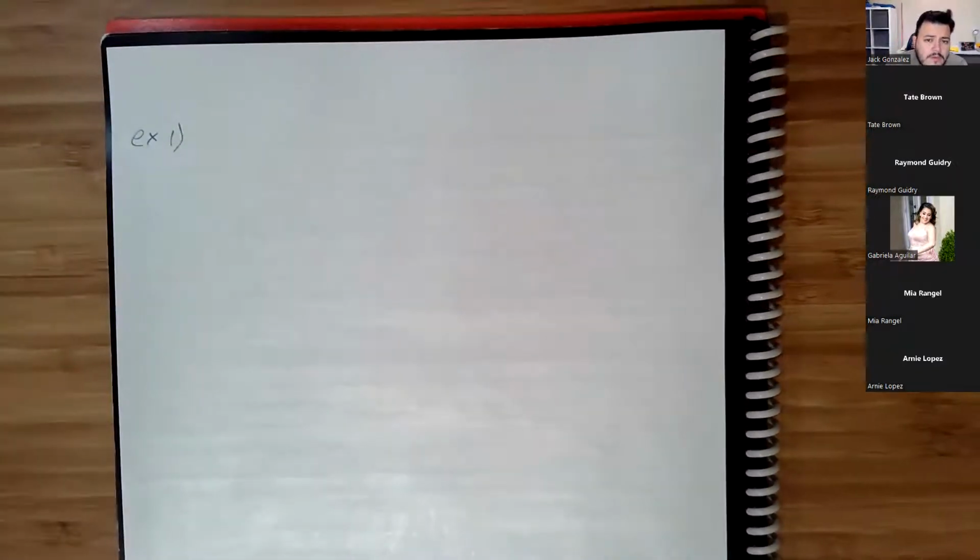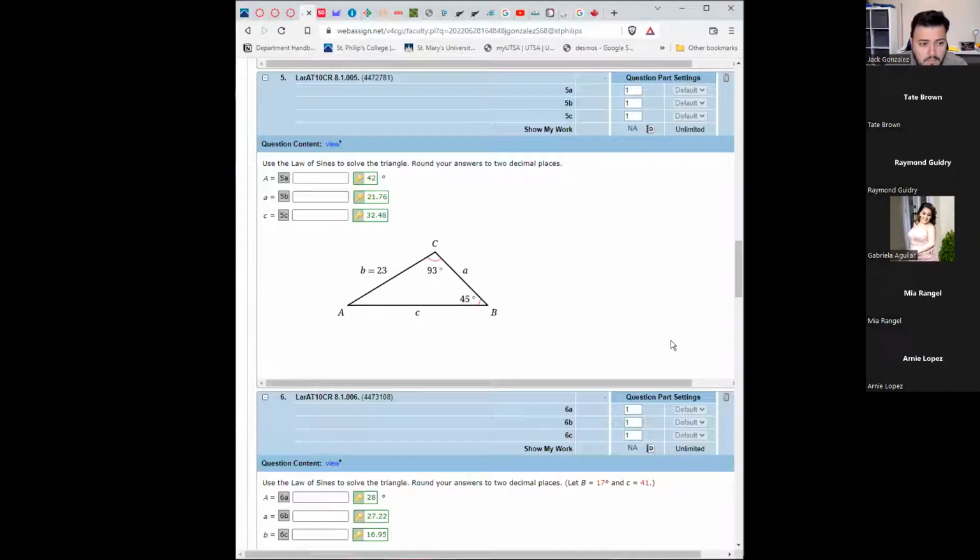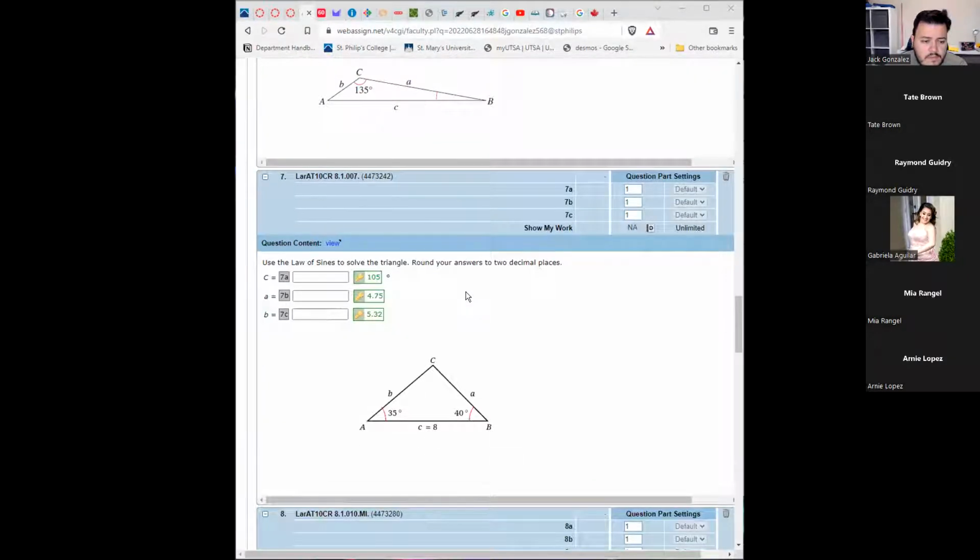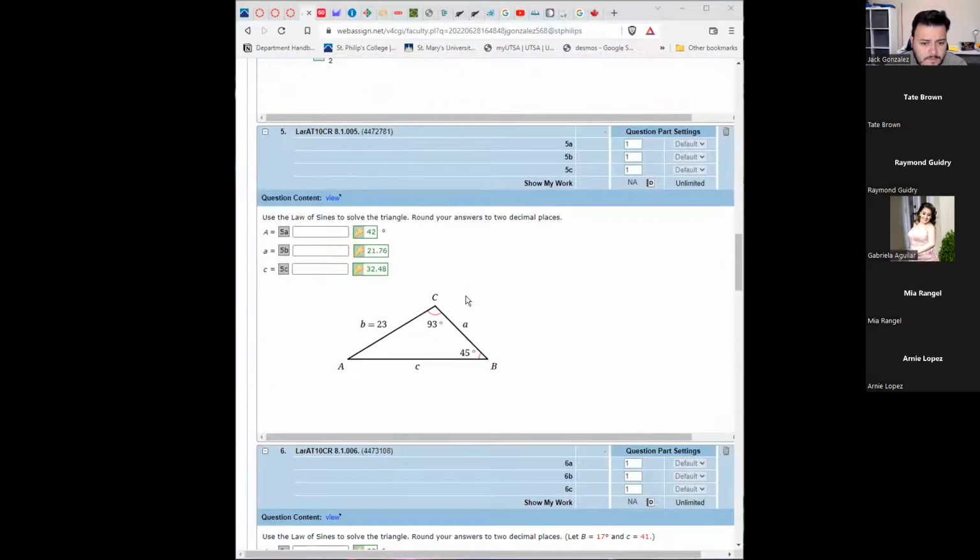All right. So example one, I believe this is from the homework. Let me share that again. No, it's a different one, but similar. That's okay.